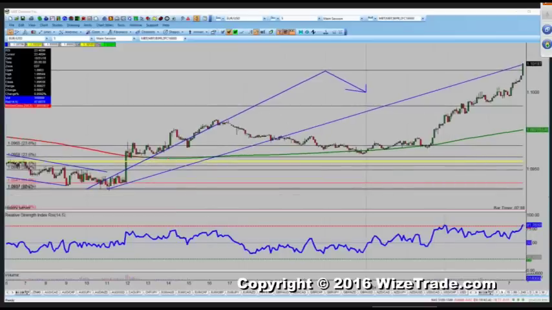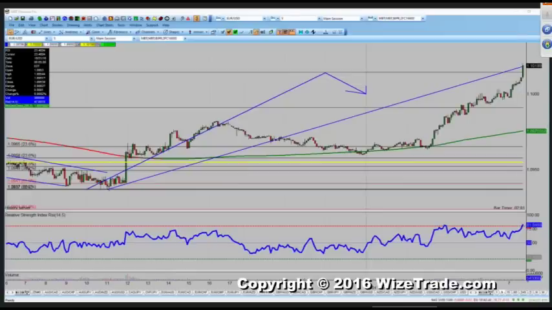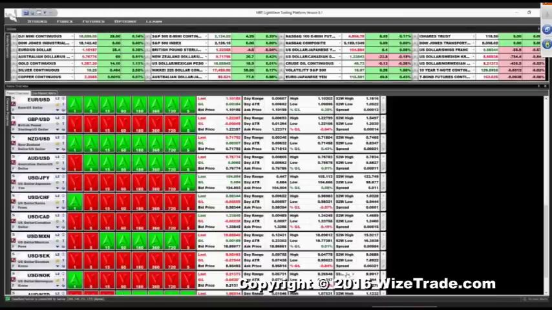Yeah, this euro is pretty strong. What's leaving the cable in the dust? The pound can't even get a lift right now, which is really interesting.